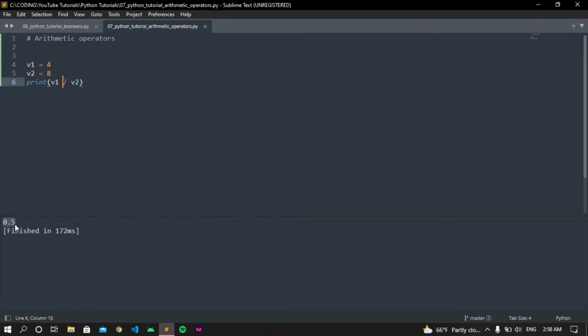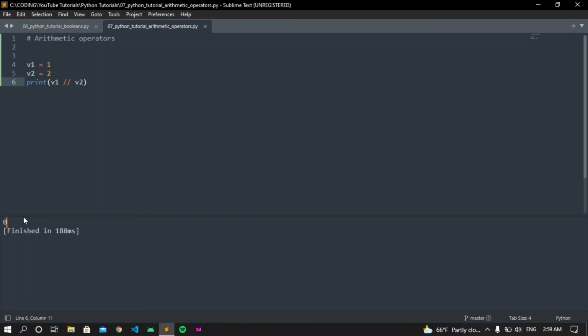If I want to get an integer, without the decimal part, I just have to use two slashes, and I get the value without any decimals. For example, 1 divided by 2 with the normal division operator gives 0.5, but if I add another slash here, I get 0. The 0.5 doesn't appear because it just gets rounded down.